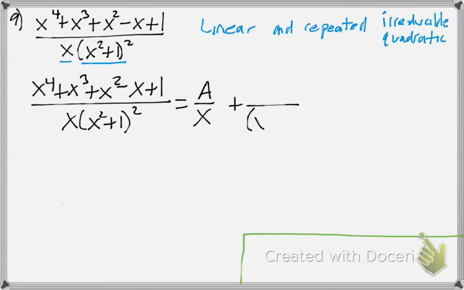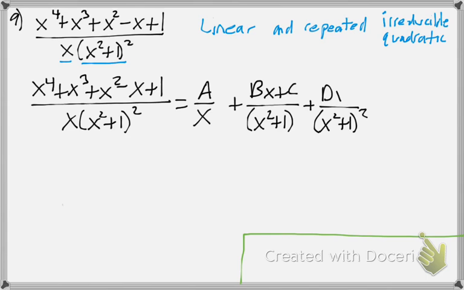So I need a x squared plus 1 without a square, and that needs a Bx plus C. And then finally I can build up to the x squared plus 1 squared, and that'll be a Dx plus E. So I have a lot of variables on this one.